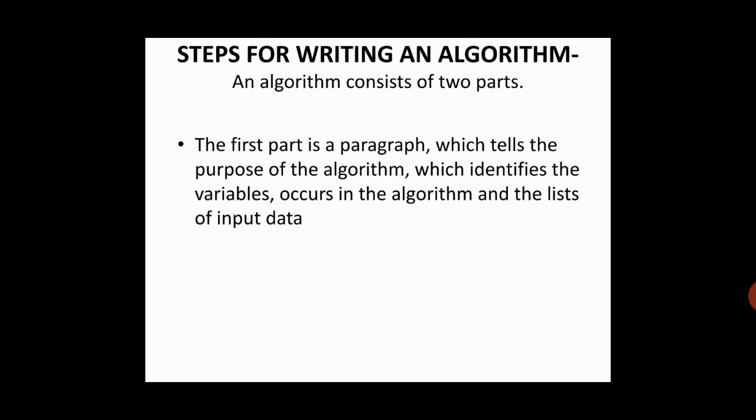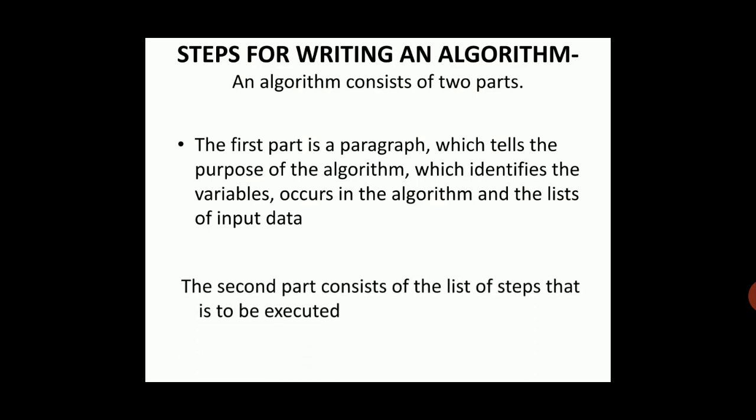First, write a paragraph which tells the purpose of your algorithm, which defines your variables, the occurrence of the algorithm, and the list of variables, all discussed in the first paragraph.